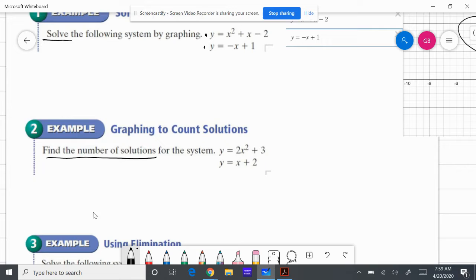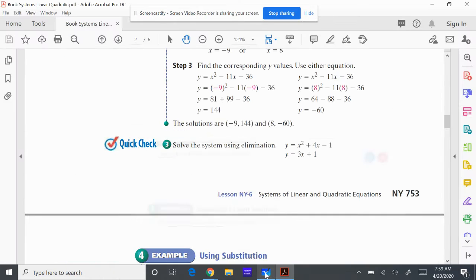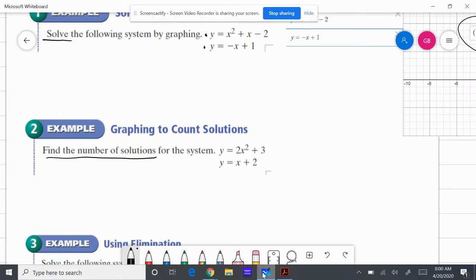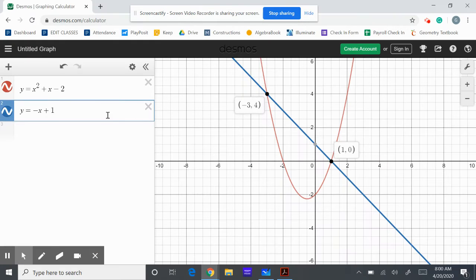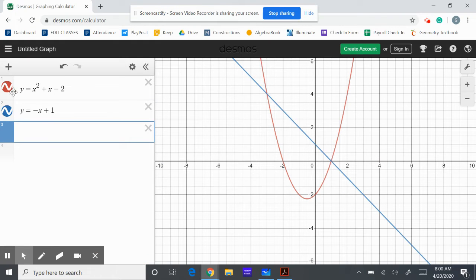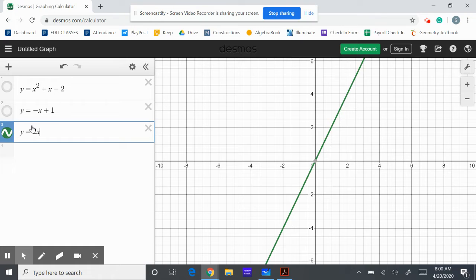So let's go ahead and graph that one again. Let's graph these two equations. So the first one is y equals 2x squared plus 3. Here it is. I'm going to turn these off so you won't see them. y equals 2x squared plus 3.